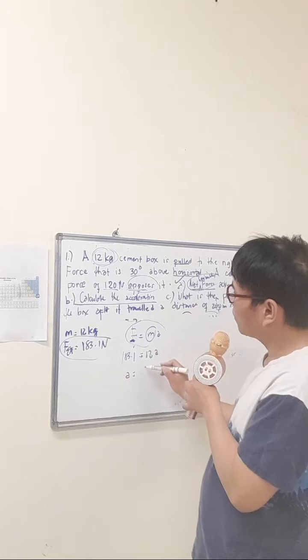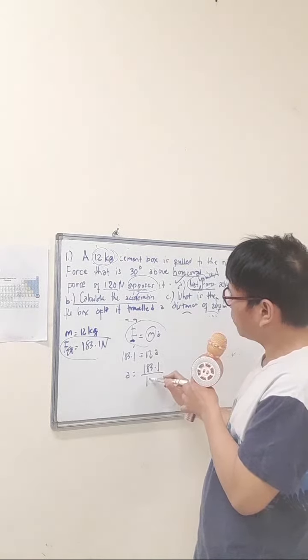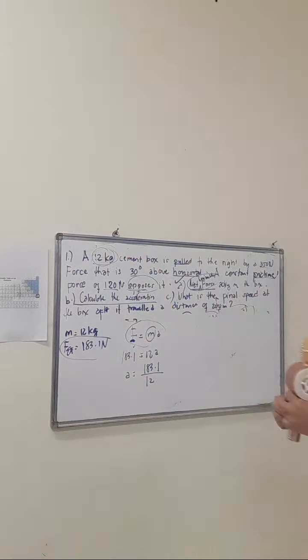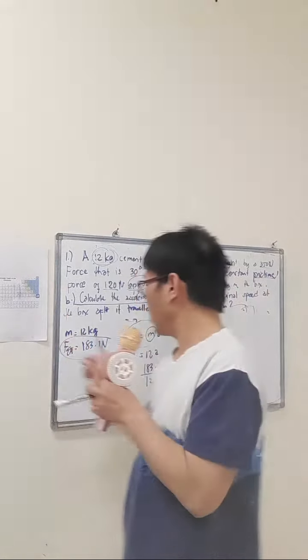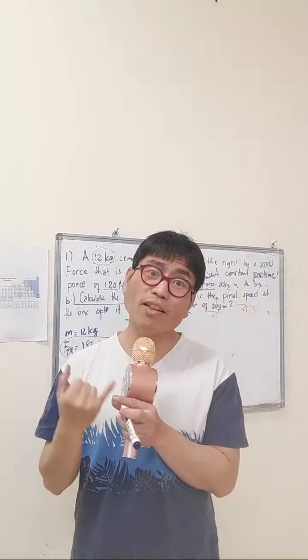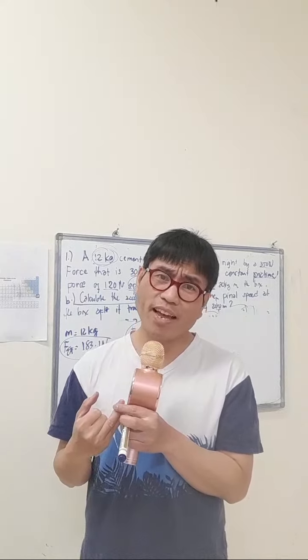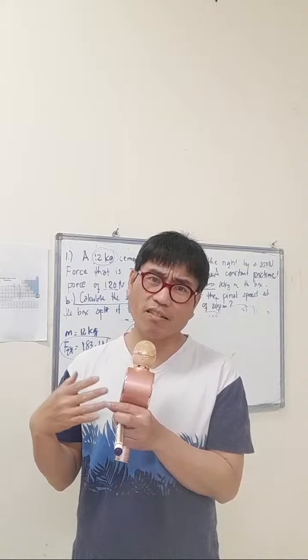So, 183.1 divided by 12. But take note also of the mass unit, because sometimes the mass has another unit. Be careful, because the newton, the unit of force, will not be compatible with the gram, or with the pound, or with other units.